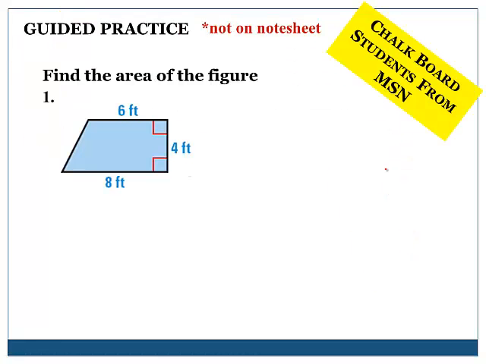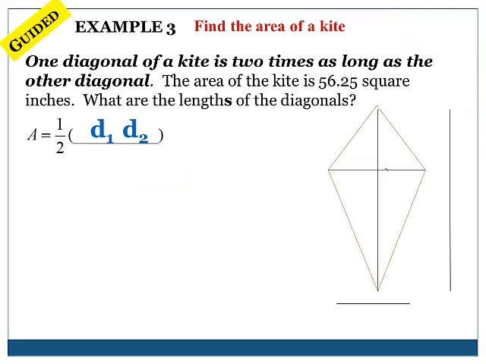If one of the diagonals is twice as long as the other, I can call this one x. That means this one has to be twice that value, 2x. When we plug this in and use algebra, we know what the area is, and we know the two diagonals in terms of x, so we are going to be able to solve for the unknown.